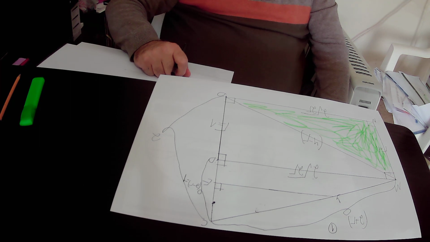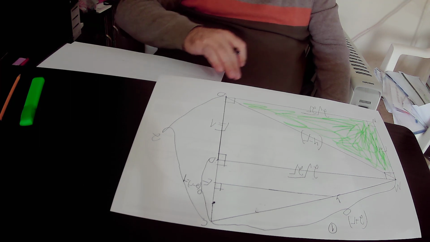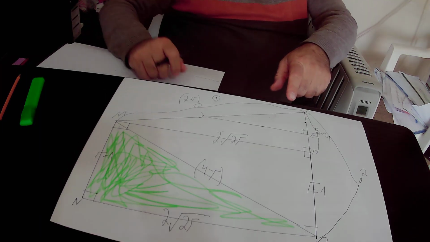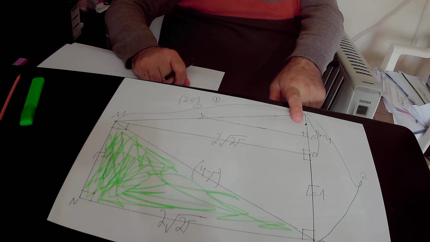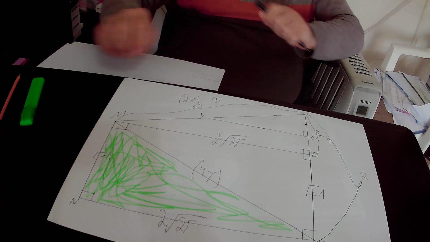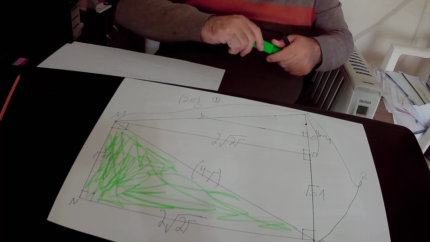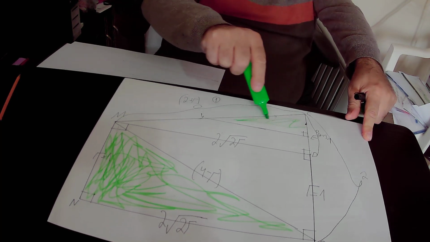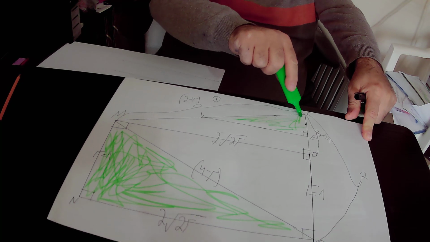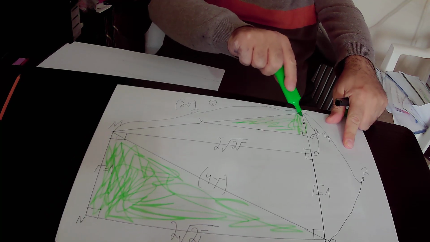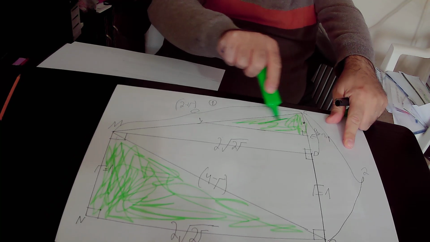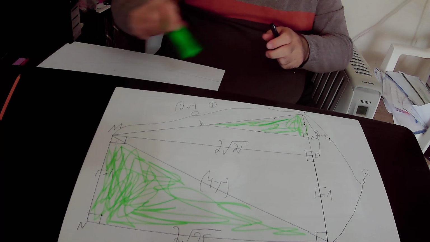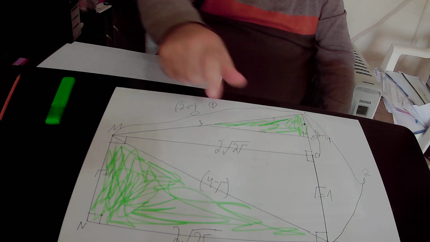So in the next step, we will focus on the right triangle CEY, the green right triangle CEY. And we will also focus on the right triangle CDM.